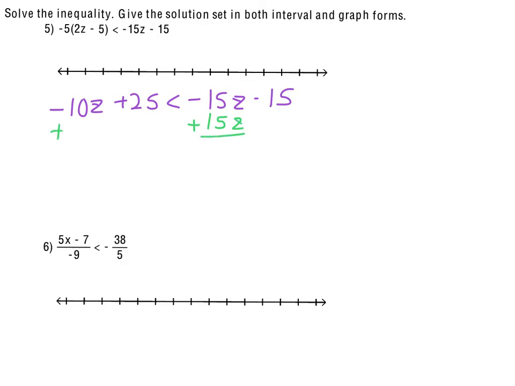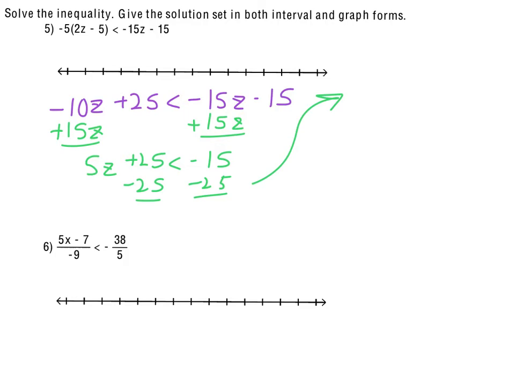I would choose to add the 15z, because that z then becomes positive, which I really want. Subtract the 25, and we end up with 5z is less than negative 40. Divide by 5, we get z is less than negative 8.